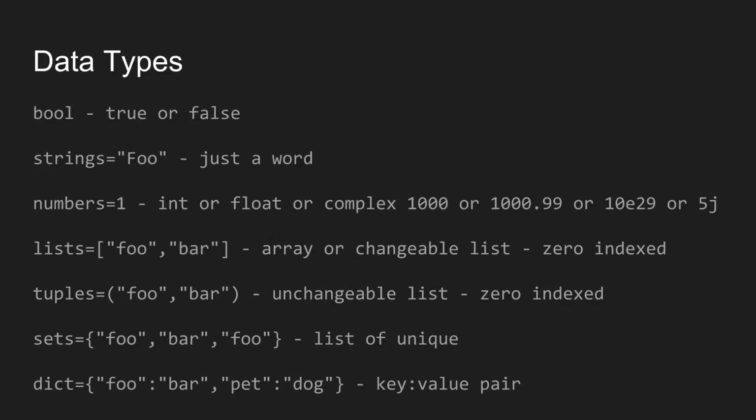Yes, zero index means that the index starts at 0, and when you call out an item within that list, you have to think, okay, zero index: starting at 0, 1, 2, 3, 4, 5. 0 is a number. So in those examples, foo is at 0 and bar is at 1, and the same goes for the tuple.